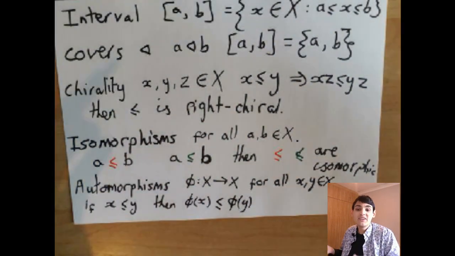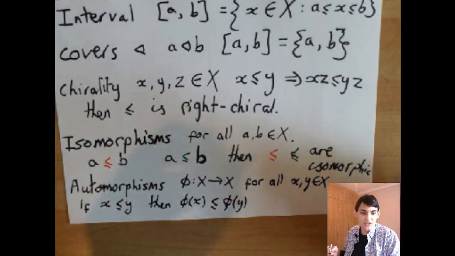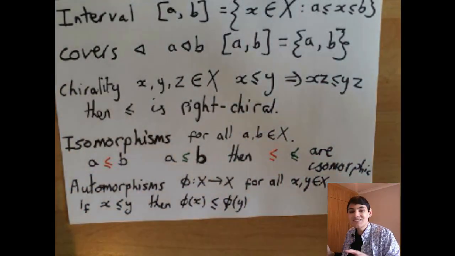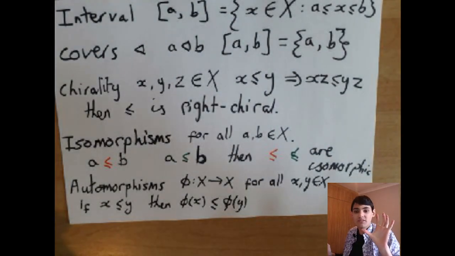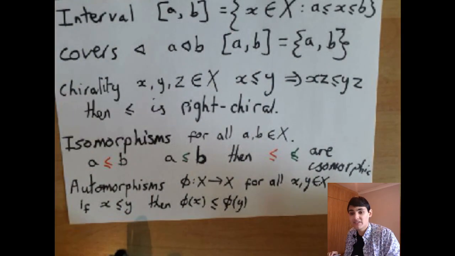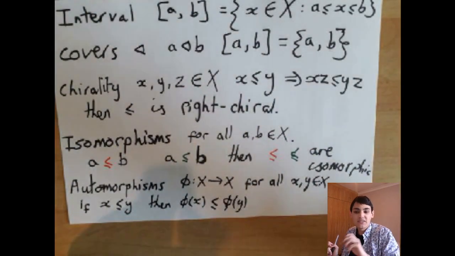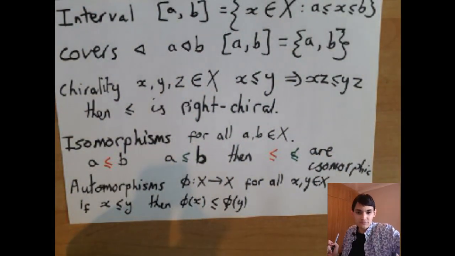So basically, it doesn't change the order. There are also anti-automorphisms, where this swaps the partial ordering around. It reverses everything. So if you've got x less than or equal to y, then you end up with phi of y less than or equal to phi of x.